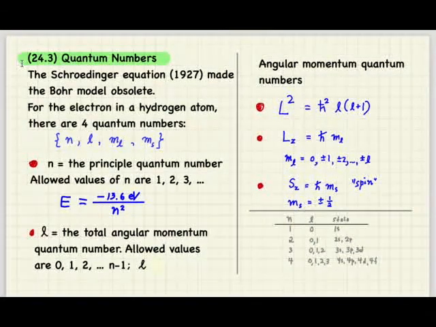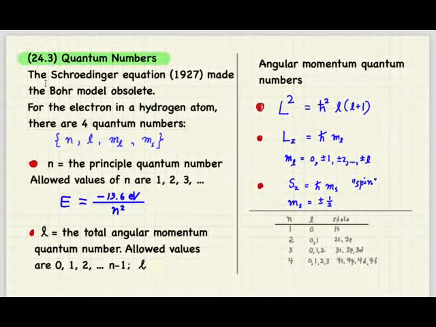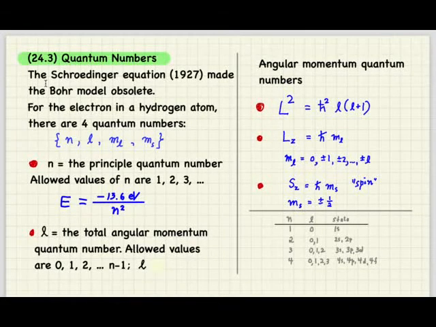Now, the Schrodinger equation describes the electron as a wave, and the Schrodinger equation has multiple quantum numbers. The Bohr model describes the electron as just a particle moving around on a circle.